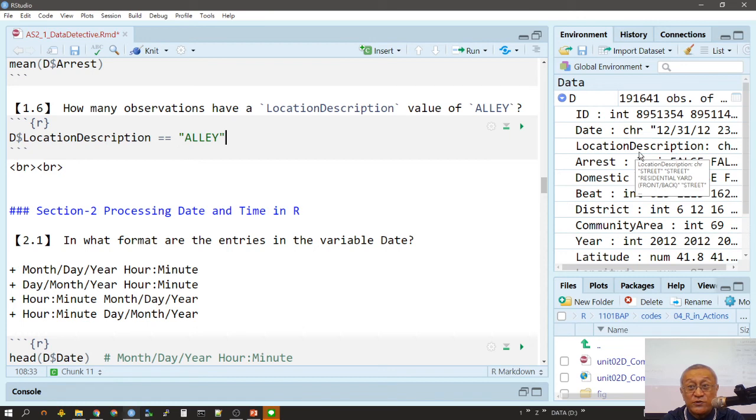This location description is actually a variable, right? So they want to count that location description equal to alley, right? So what is the command to count this? Yeah, you sum it, right? You sum it.